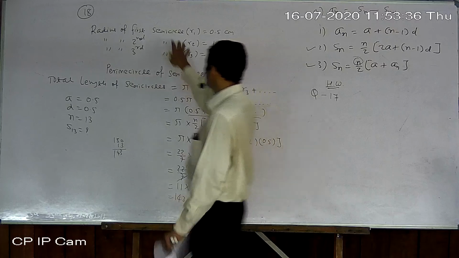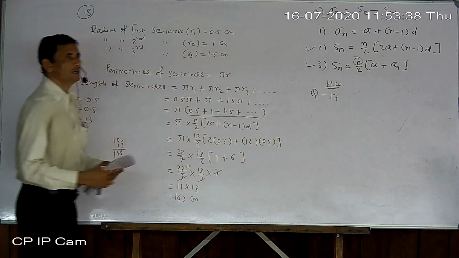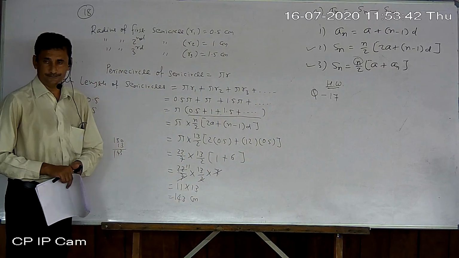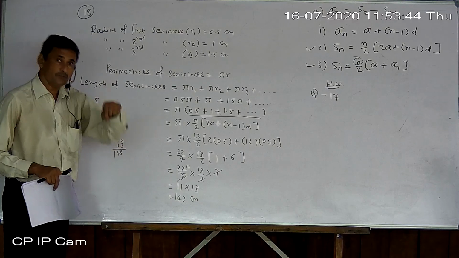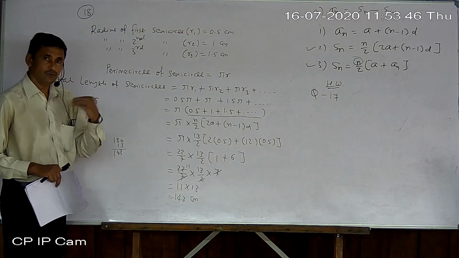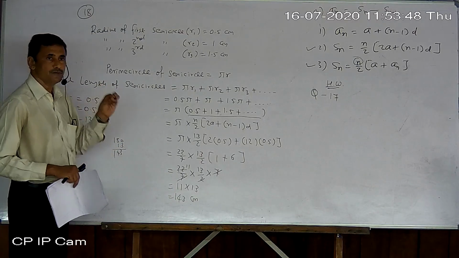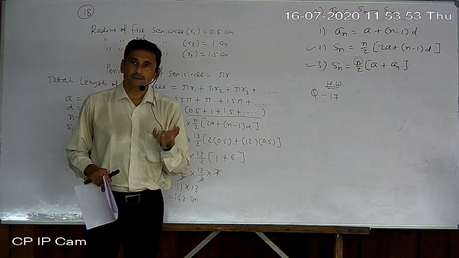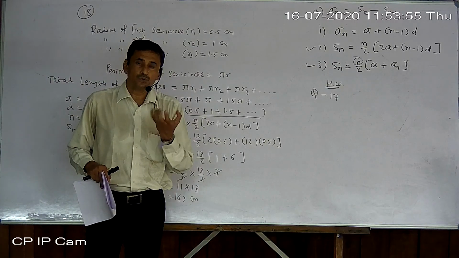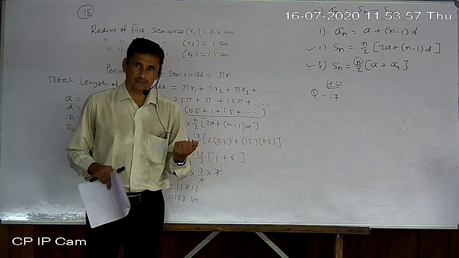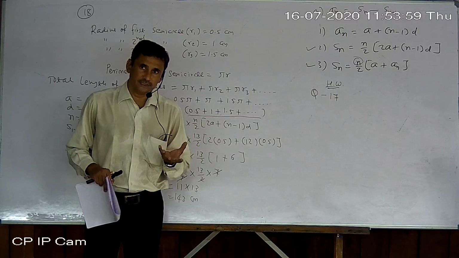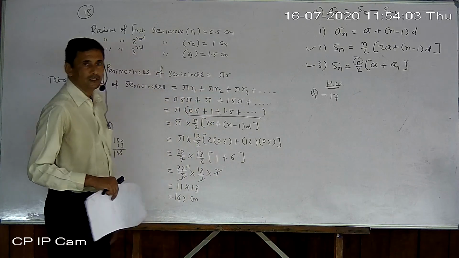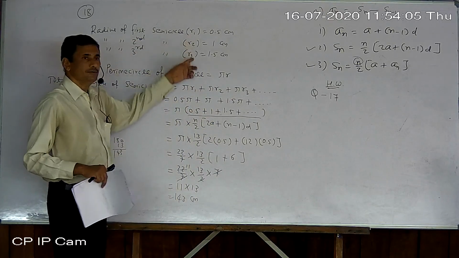Okay. Understand again first of all. Read it twice or thrice carefully, and see the figure carefully. Then only you can understand. Now they want the total length of the spiral, but the spiral is made of so many semicircles, and those semicircles are going to increase. The length of the semicircle is not given, the radius is given.